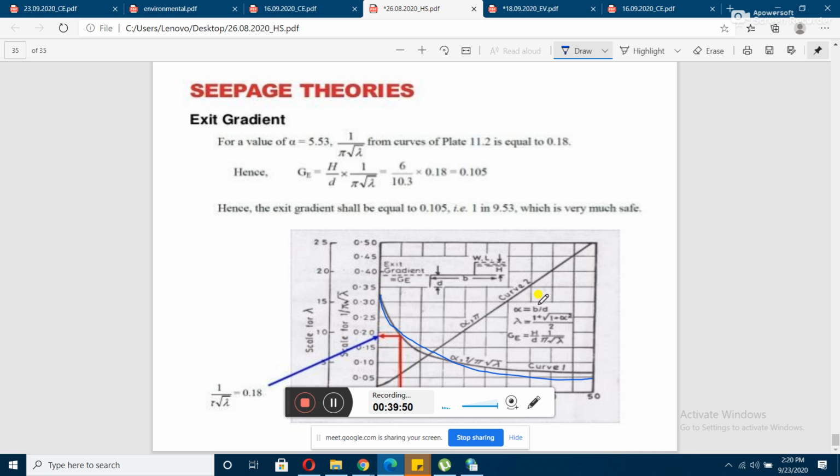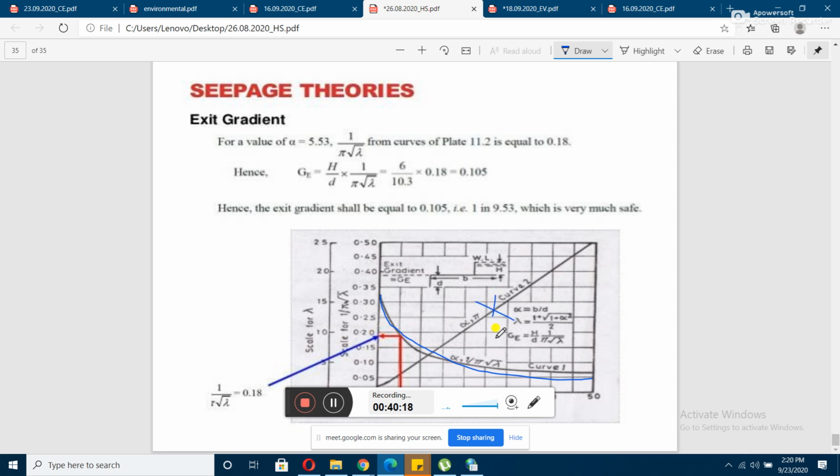Just have a look: for the alpha value, this particular curve is denoted by alpha comma 1 by pi root lambda. This is curve one, and the alpha comma lambda curve is not required.